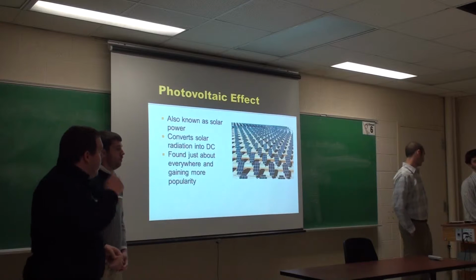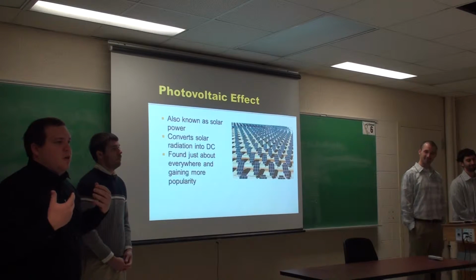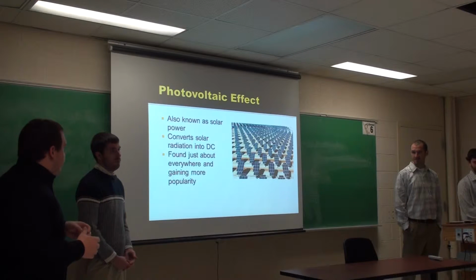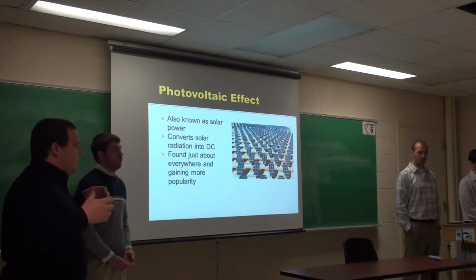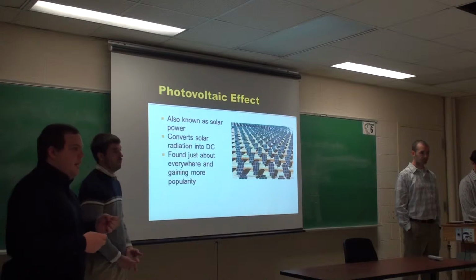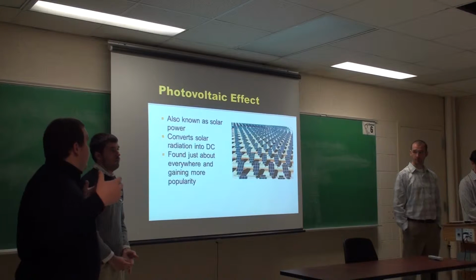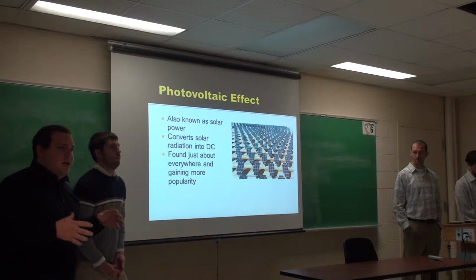So the last one I want to talk about is the photovoltaic effect, which, as you guys know, is solar power. It converts solar radiation into DC current. It's found everywhere. We're all very familiar with it. I just wanted to say how abundant it actually is and how important it could be if we perfected it.